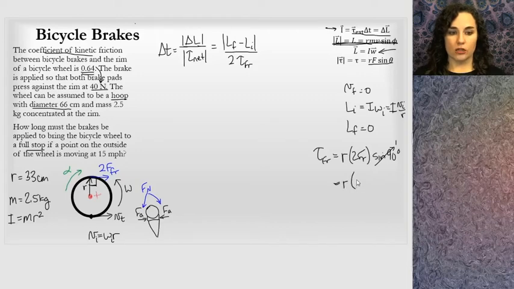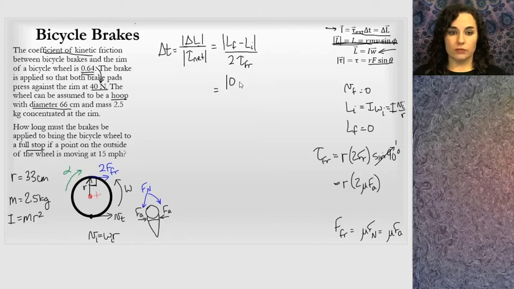We have R times 2 friction forces, which is 2 times mu times those applied forces from the brakes on the side. And that's saying that the friction force has to equal mu times the normal force. And the normal force here in this situation is those 2 applied forces. So we have an equation for the torque. I'm going to bring all these together and plug them into my equation.